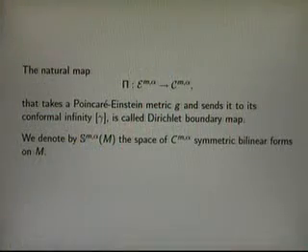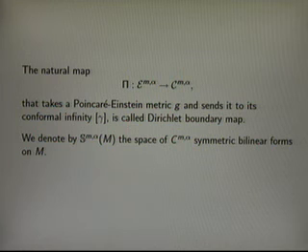You have this natural map, called the Dirichlet boundary map. It takes a Poincaré-Einstein metric on the manifold M and sends it to its conformal class on the boundary.